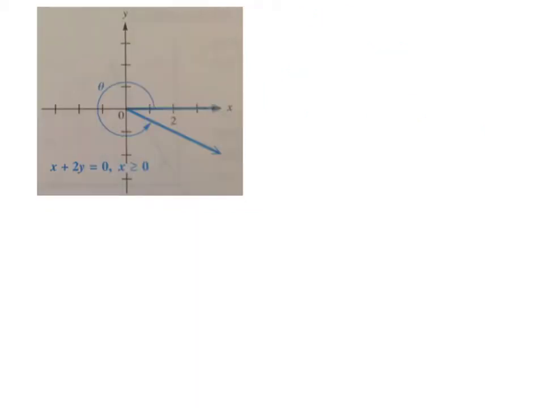We can also find the 6 trig functions of an angle if we know the equation of the line of the terminal side of the angle. Now we know that it isn't really a line that's shown, it's a ray. But we could extend that ray and it would be a line, and if that were the case, this would be the equation of the line, x plus 2y equal to 0.